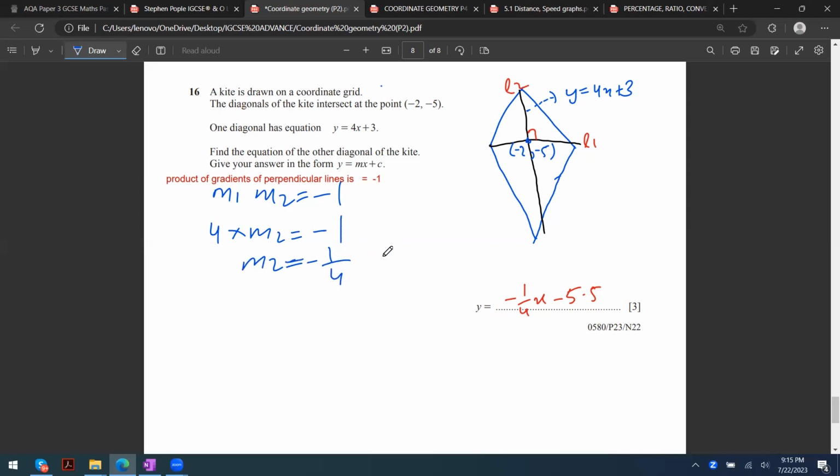We have the gradient. We have the point also. Both diagonals are passing through the same point. We can use that point to complete the equation. Y is equal to mx plus c. This is the other diagonal equation: y equals -1 over 4 x plus c.